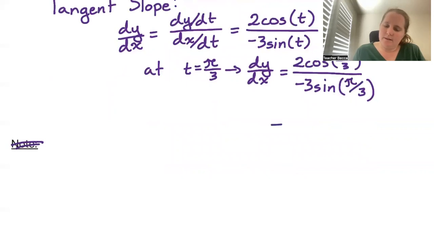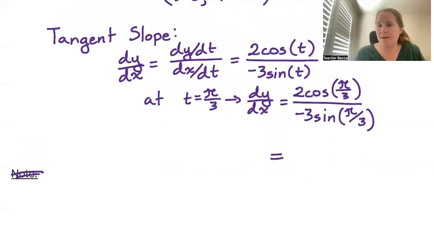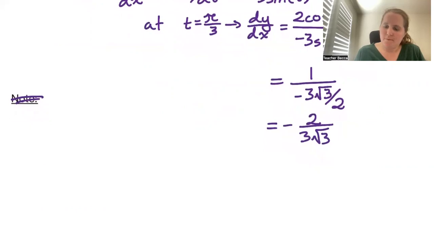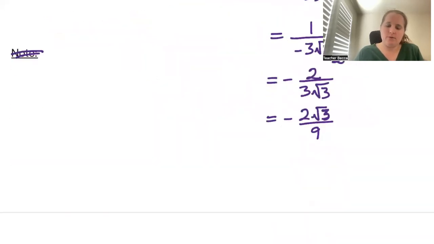And so 2 cosine pi over 3 is 2 times 1/2, otherwise known as 1. Sine of pi over 3 is root 3 over 2. So in our denominator, we have negative 3 root 3 over 2. Or this is negative 2 over 3 root 3, otherwise known as negative 2 root 3 over 9. So this is our tangent slope.